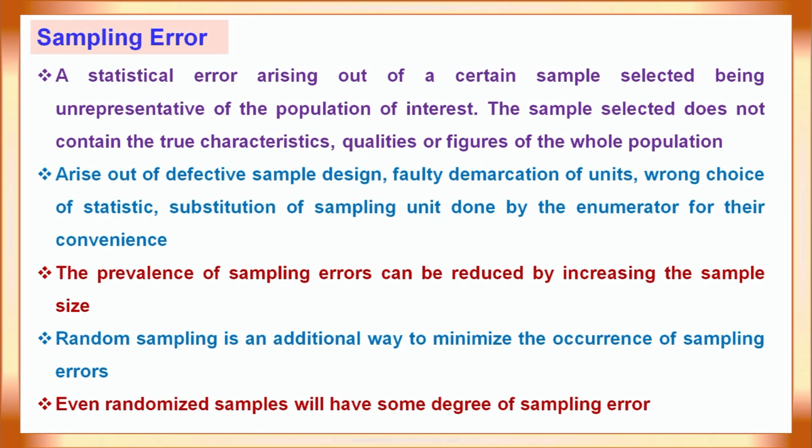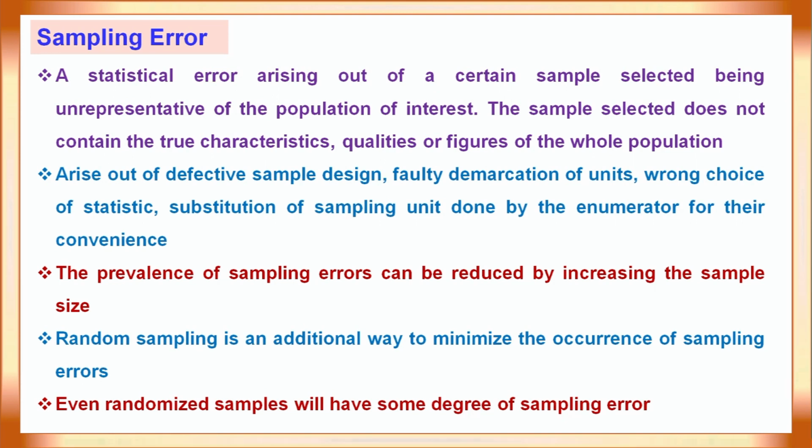Whenever you select a sample, it may be possible that the selected sample does not contain the true characteristics, qualities or figures, whatever you are studying, of the whole population.